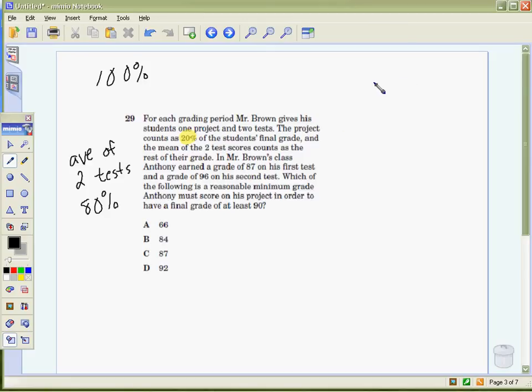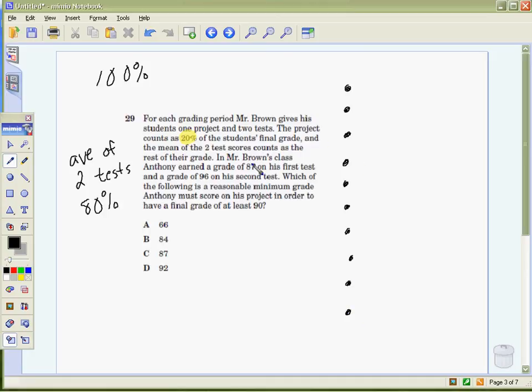This is the way I like to look at this: 10%, 20, 30, 40, 50, 60, 70, 80, 90, and 100.